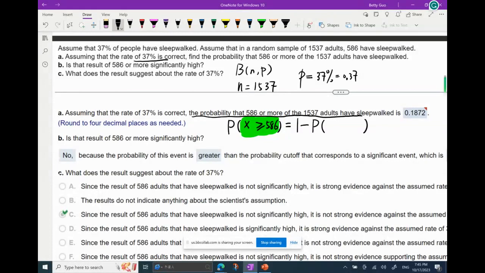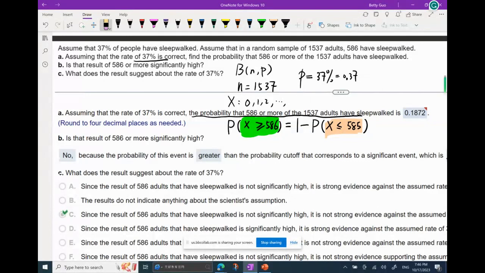All the possible values x could assume, because we have that many trials, are 0, 1, 2, and so on, up to 1537.